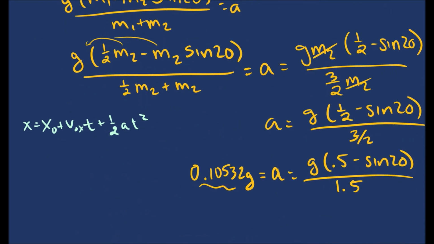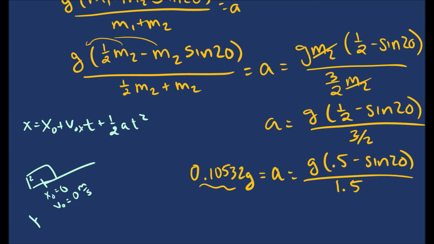So we'll call this position where mass 2 is released from rest 0, and because it's released from rest, we know that its initial velocity is 0 meters per second.